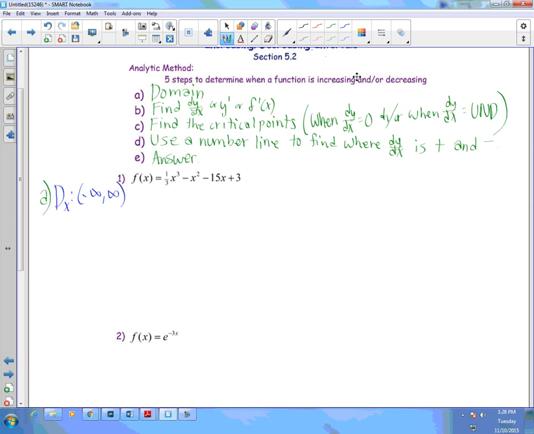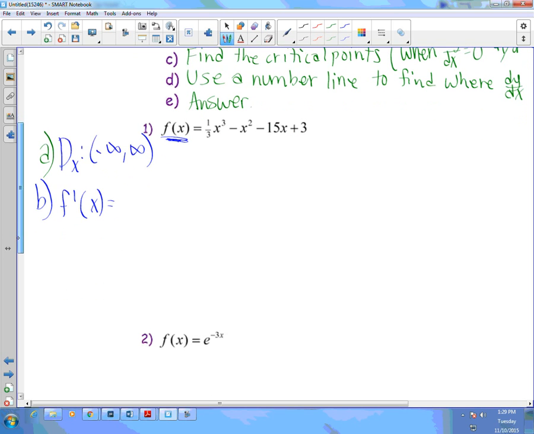Part B. Now we're going to find dy dx, or in this case, what should we call it? f prime of x, because it's in f of x notation. Christian, can you give me the f prime function, please? I'll make this a little bigger too, so we can see it all. What's that f prime?